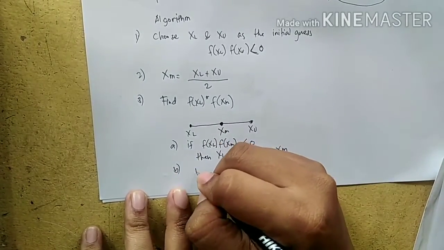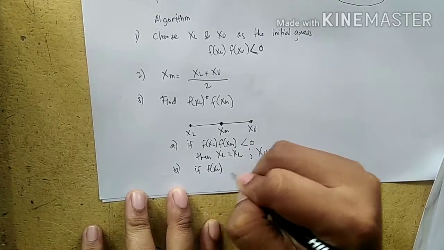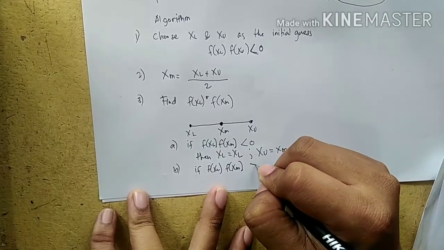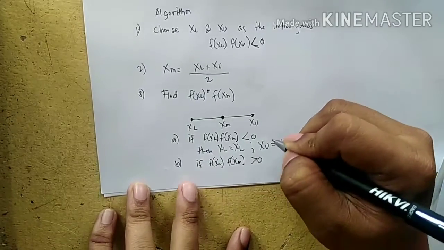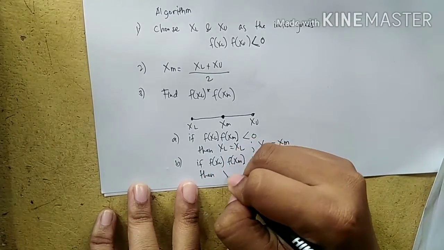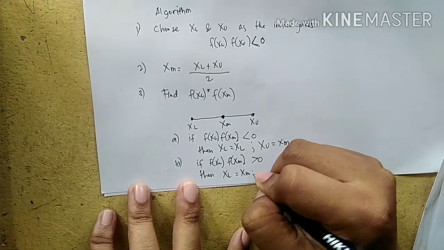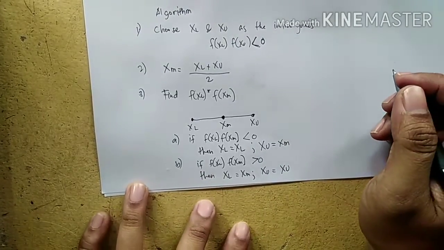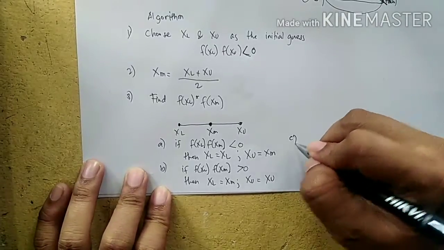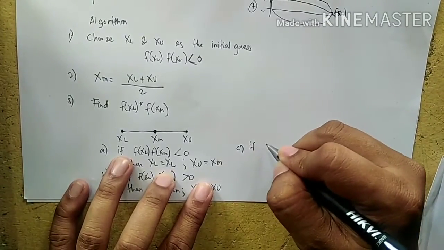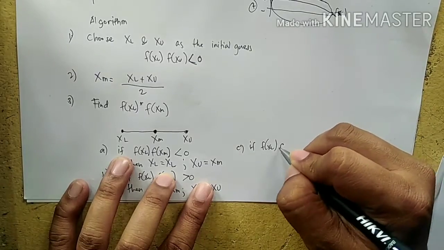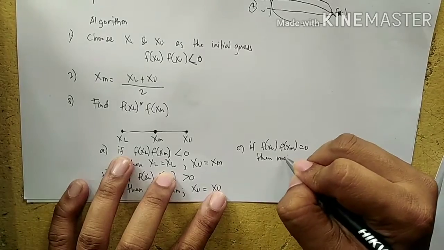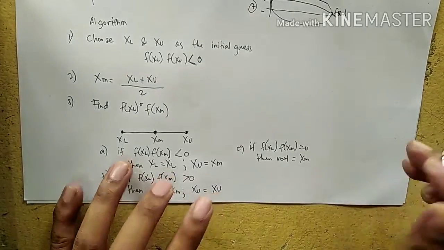Letter B, if f of x sub l times f of x sub m is greater than 0, then x sub l is equal to x sub m and x sub u is equal to x sub u. So letter C, if f of x sub l times f of x sub m is equal to 0, then the root is equal to x sub m.